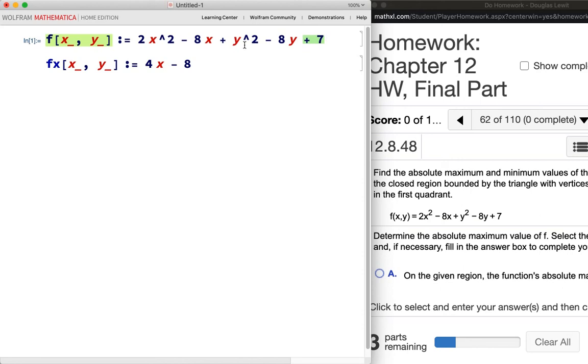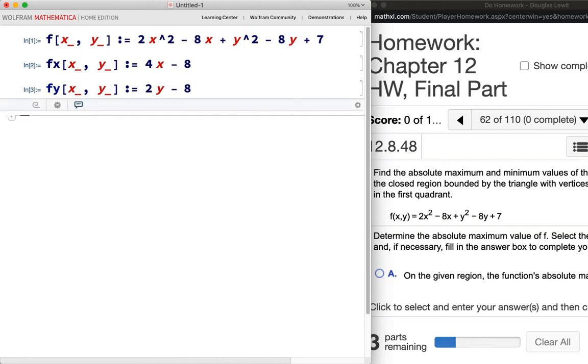And actually, from the point of view of x, these are constants too, right? So that's really easy, that's pretty simple. And let's see. f_y(x, y), that's going to be 2y - 8.